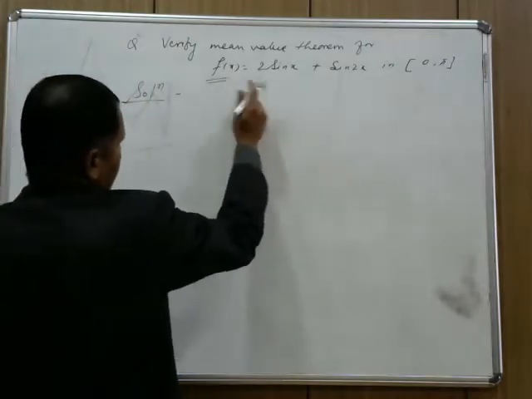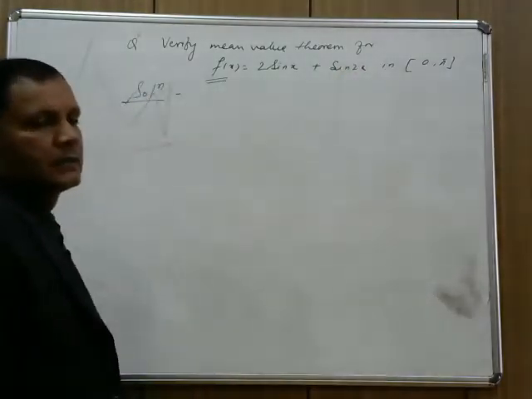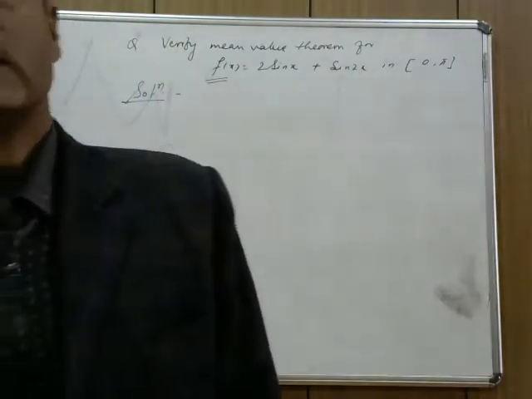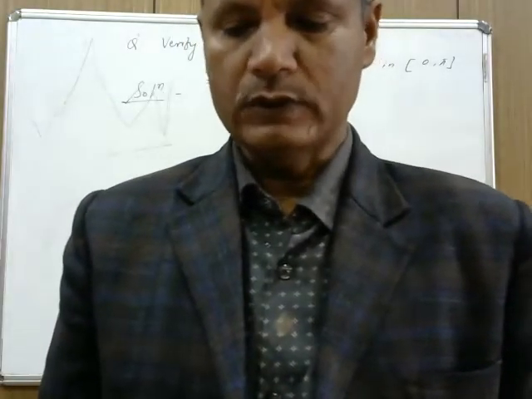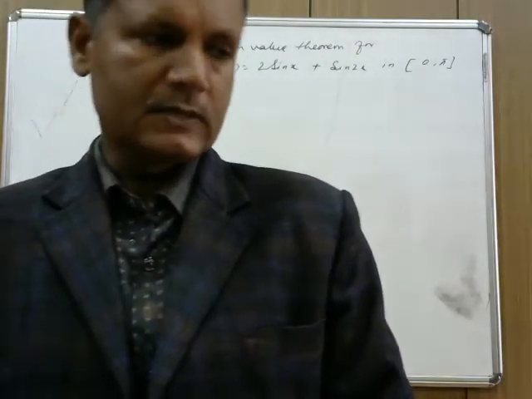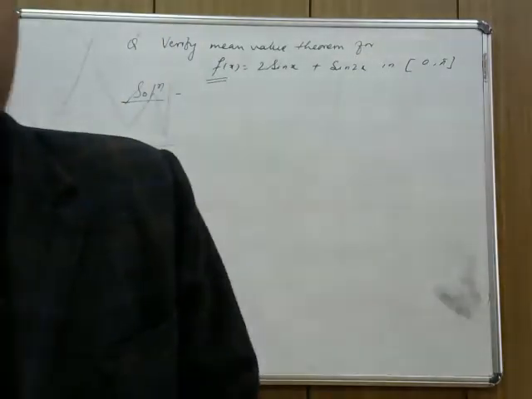F of x is equal to what? 2 sin x plus sin 2x. Sin x and sin 2x, both of them are trigonometric functions, and you know that any trigonometric function, especially the sine function, is continuous and differentiable everywhere.